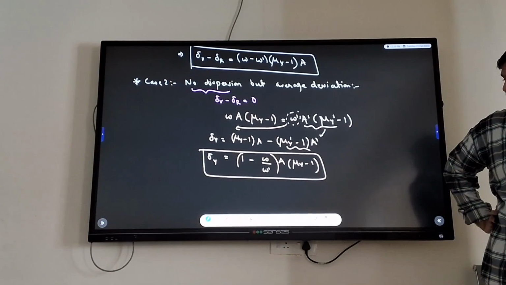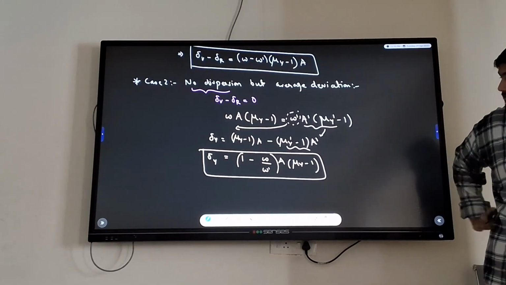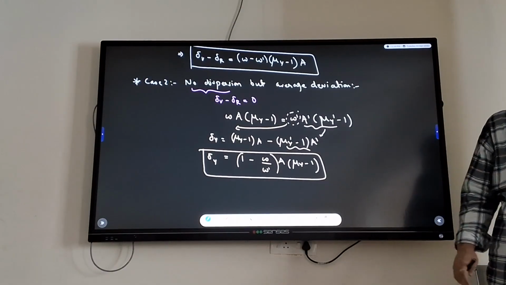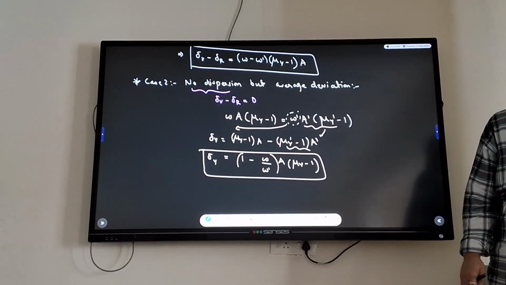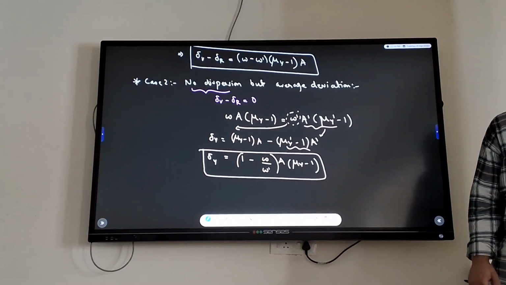Don't worry, our discussion ends here. We will not talk about dispersion. This was the discussion that I wanted to do. Not more than this. So the main thing revolves around average deviation, dispersion, the angular dispersion, and dispersive power. Okay?